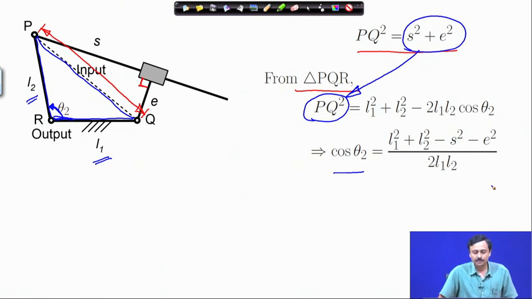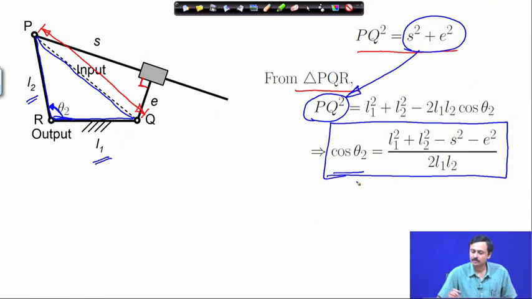So, what is our input? Input is S, and what do you have to find out? Theta 2. So, we have this equation relating S and theta 2. So, here is S, which is known, the link lengths and offset, everything is known, this is fixed. So, I have the expression of cosine theta 2.